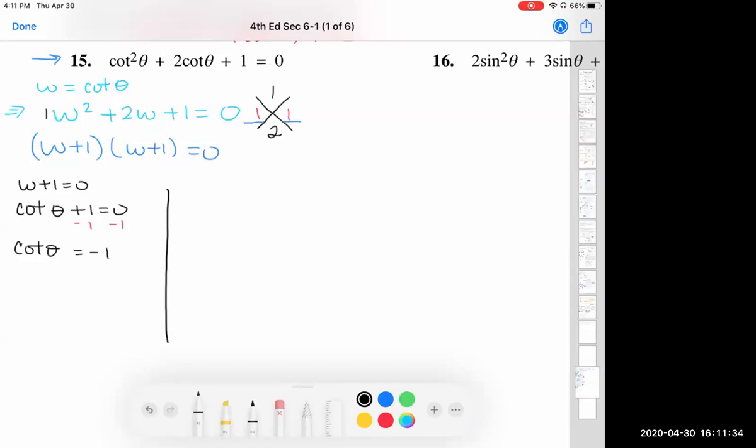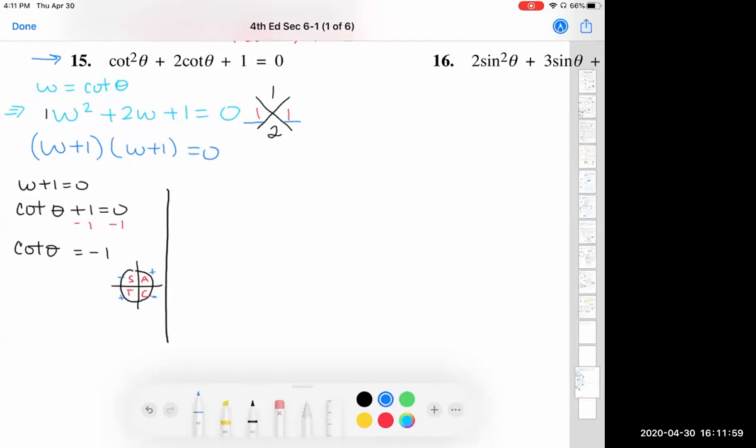And we see that cotangent is 1 at 45 degrees. So I'm going to draw my circle. At 45 degrees, we want negative. All students take calculus. So cotangent is positive in the first and third, we want negative, so we're going to work with second and fourth.